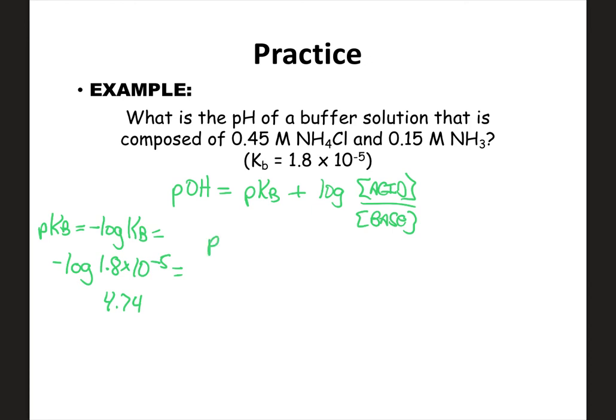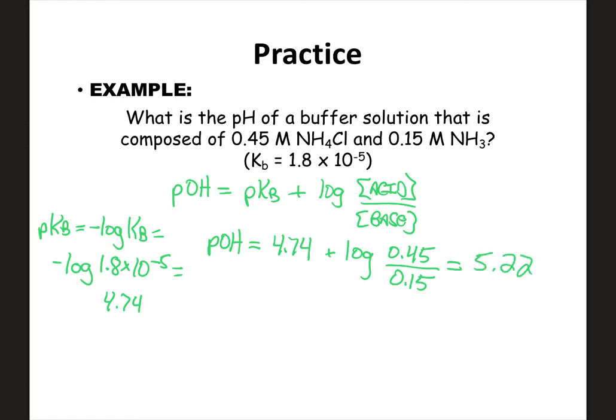So I have pOH equal to the 4.74 plus the log of the 0.45 on top, because that's the concentration of the conjugate acid, divided by the concentration of the weak base, which is 0.15. So when I plug and chug this, you should get 5.22.